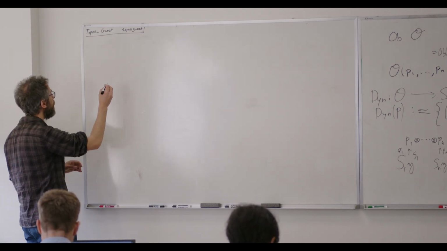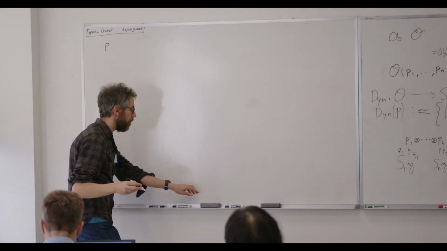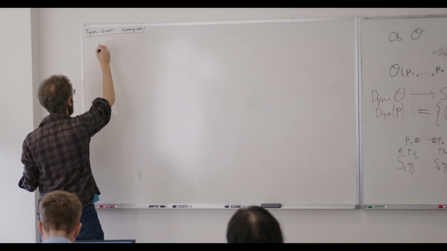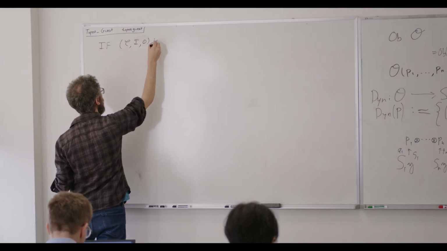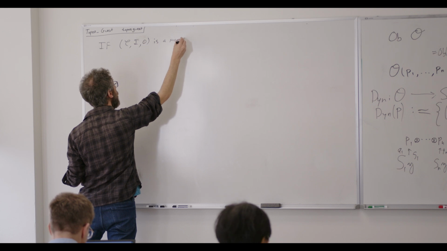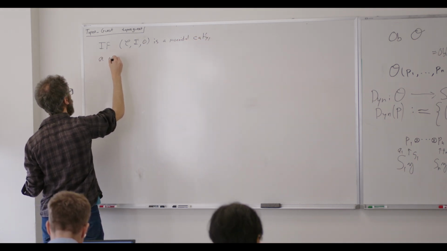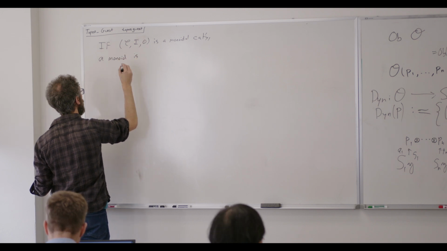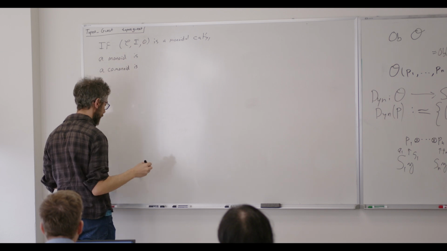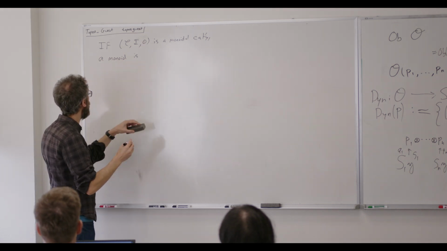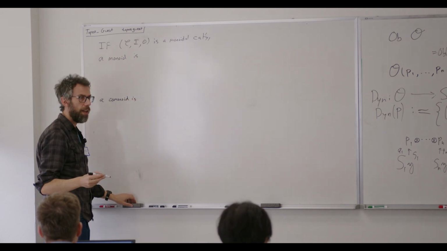So what is a monoid? If C with tensor is a monoidal category, does anyone know what a monoid or a comonoid is in that structure?